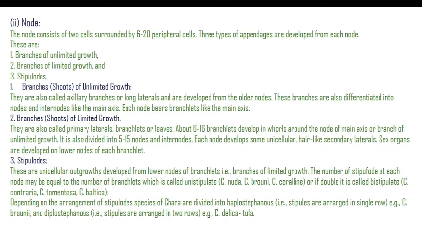It depends on the arrangement of stipules that species of Chara are divided into haplostephanous, where stipules are arranged in a single row, for example Chara brownie, but sometimes they are diplostephanous, that is, stipules are arranged in two rows, for example Chara delicatula.